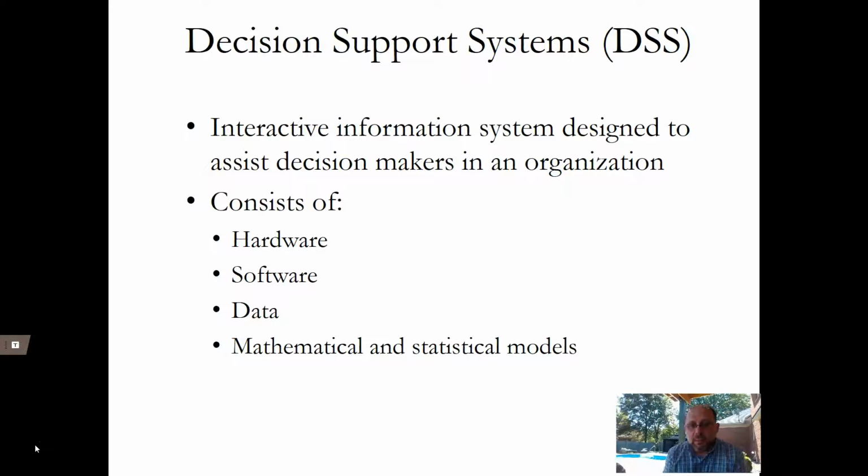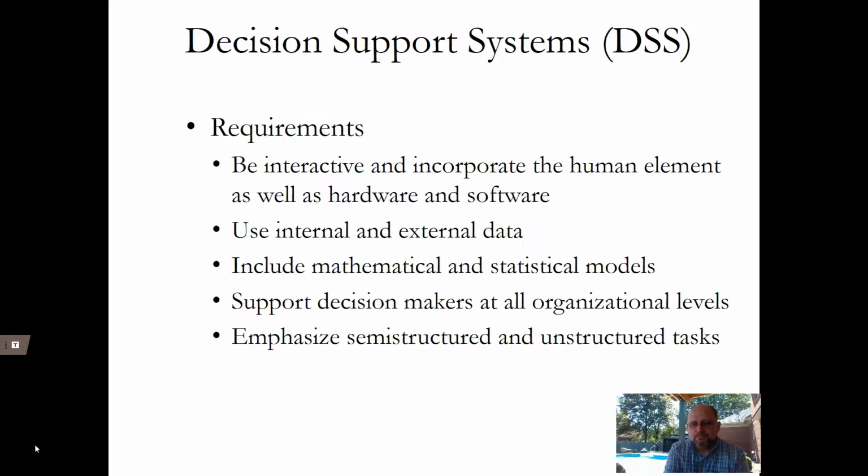What's critical about this system is the data and its quality that is needed to support our decision. And then what makes this different maybe from other systems is the modeling that's part of it, that allows a system to support decisions and even recommend a decision based on this model. So we're talking about mathematical and statistical models in it.